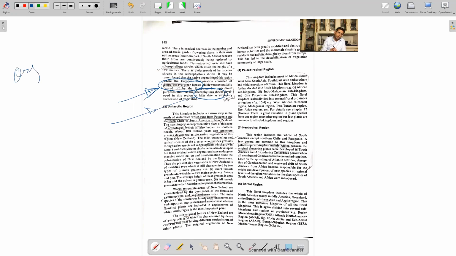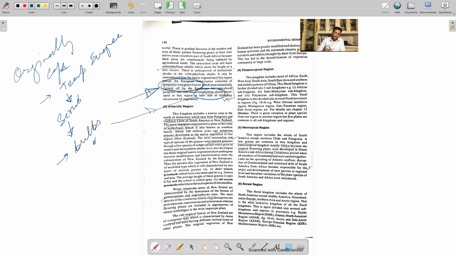So originally, the Cape province had temperate evergreen forests. These were modified, converted into scrublands, and they also brought in bulbs and tubers. So Cape province could be a short note if you want to write down.